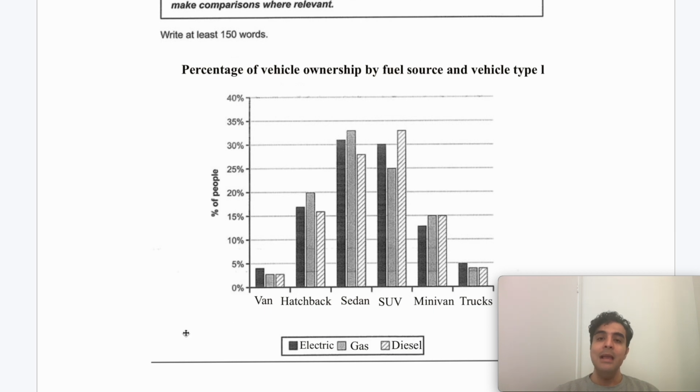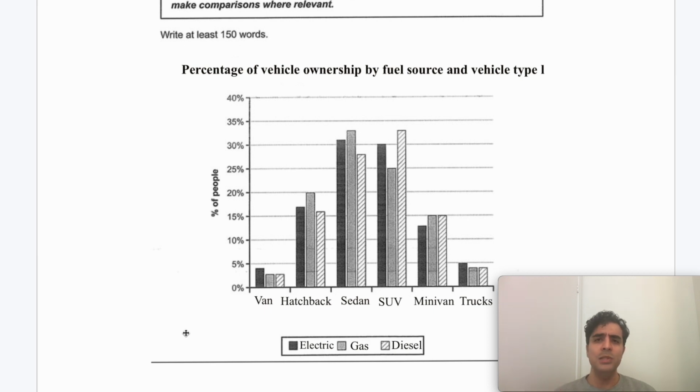So if someone were to ask me, on the horizontal axis, how many criteria do we have? How many variables do we have for the division of information? I would say there are 2. Now, don't get confused. You might say, hey, wait, van, hatchback, sedan, SUV, minivan, and truck, that's 6.